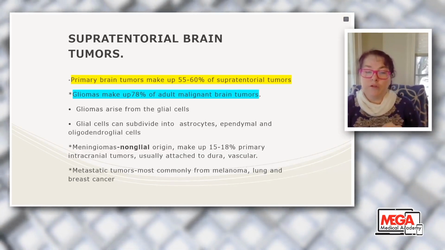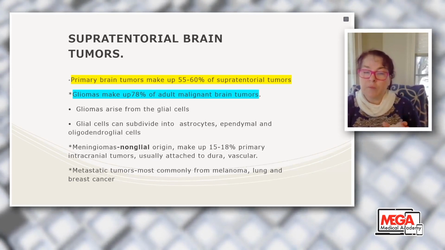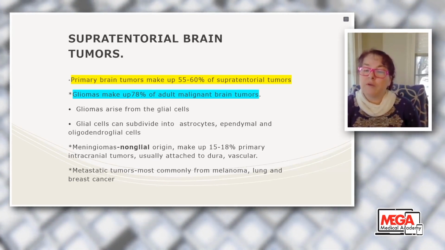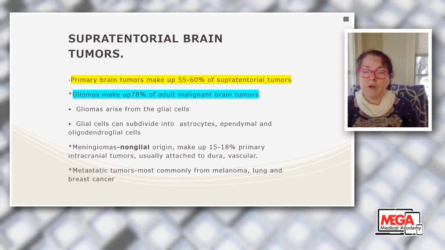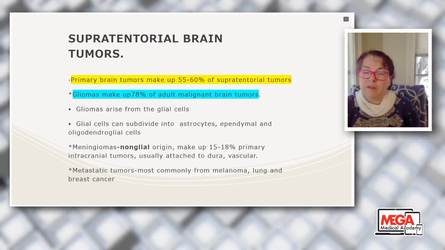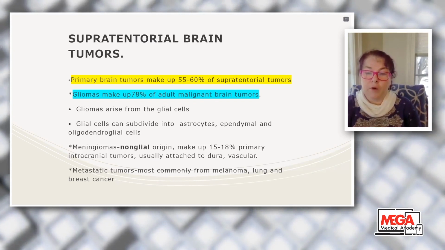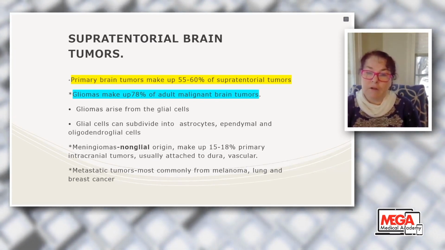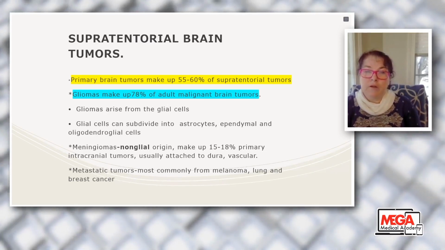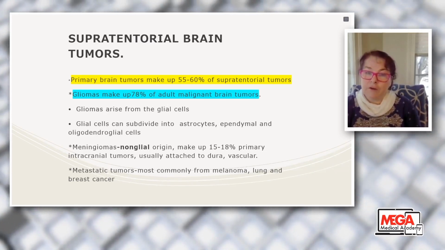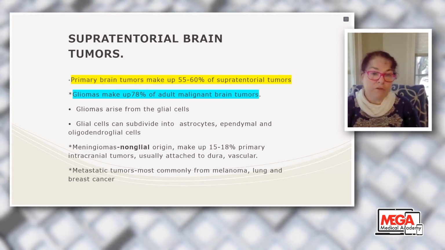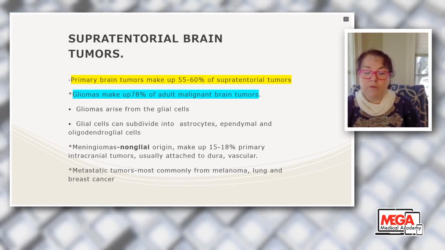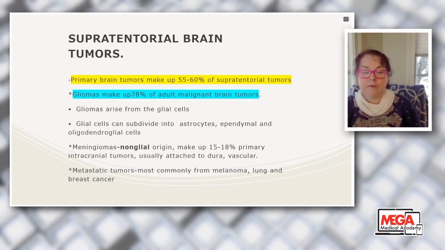The primary brain tumors in this area make up about 55 to 60% of the supratentorial tumors. Of these, gliomas make up 78% of adult malignant brain tumors. Gliomas arise from the glial cells of the brain. Glial cells can subdivide into different cells: astrocytes, ependymal cells, and oligodendroglial cells.